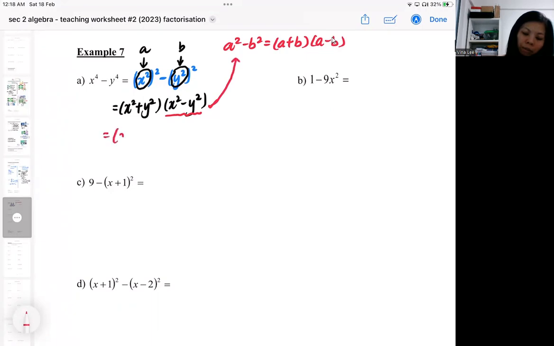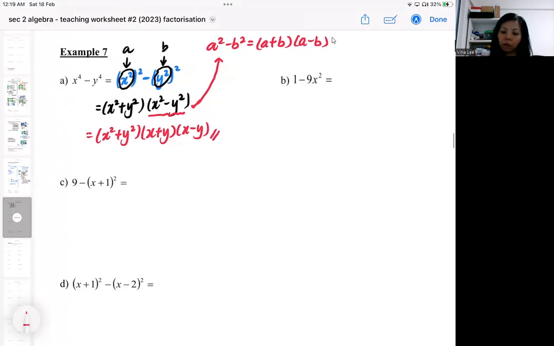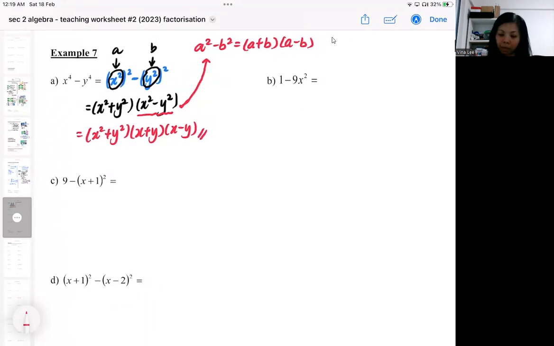So you're going to repeat the formula one more time, and you'll get x plus y, x minus y. So example 7a makes you factorize twice with the same formula.